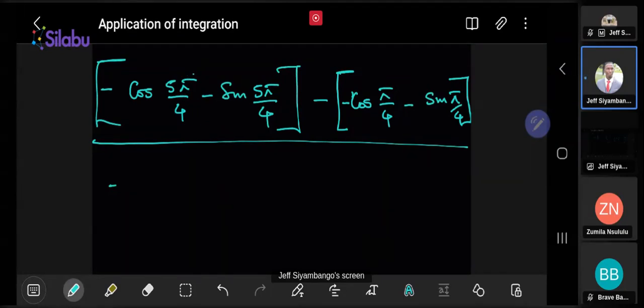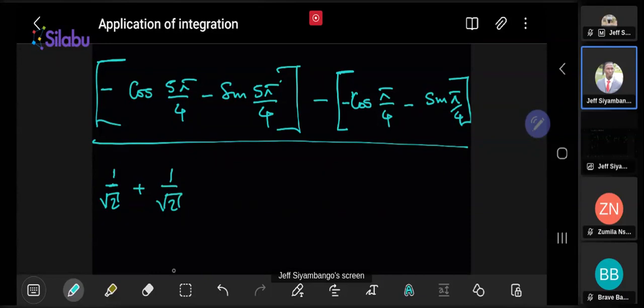Because 5 pi over 4 is in the third quadrant, we expect it to be negative. So cos 5 pi over 4 is minus 1 over root 2, and with the minus outside this will be positive 1 over root 2.